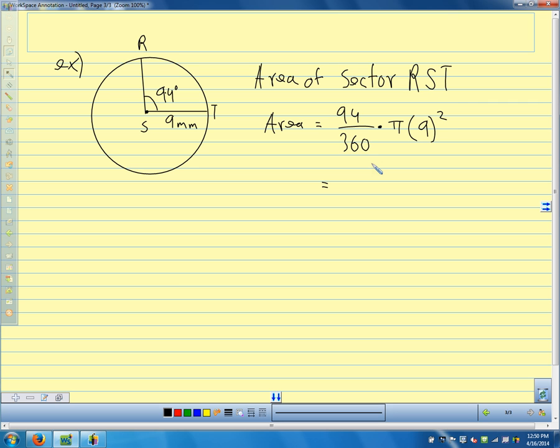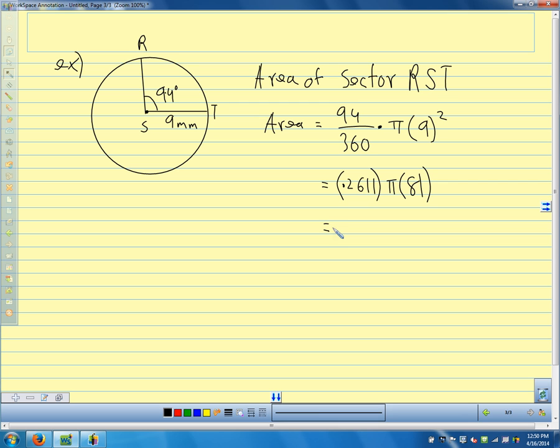So I'm going to grab my calculator, plug those numbers in. So 94 divided by 360, I get 0.2611. So this is 0.2611 times pi times 9 squared, which is 81. And I'm just going to multiply all this together. 0.2611 times 81, and then multiply that by pi.